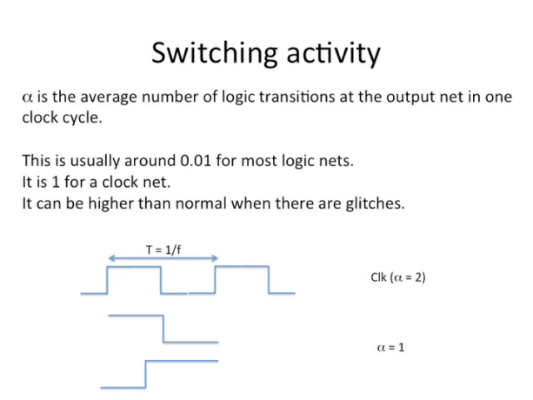The question is, is there a constant alpha value for a particular system? Now the thing is that alpha actually depends on the kind of computation you are doing. For example, if you have a bus and the bit pattern changes from all ones to all zeros, every bit in the bus is switching.